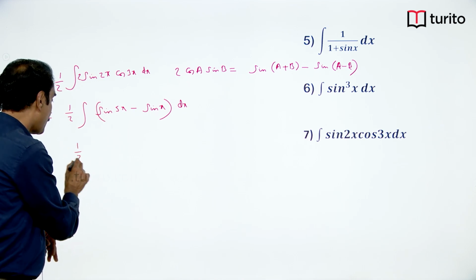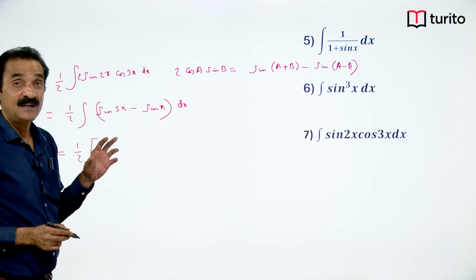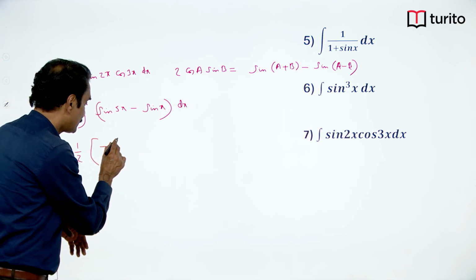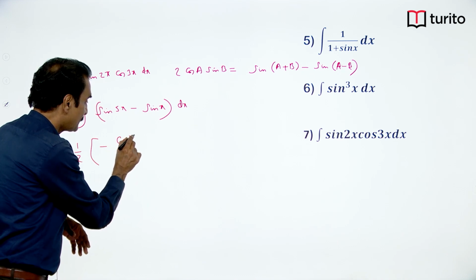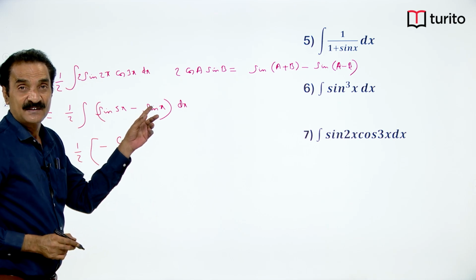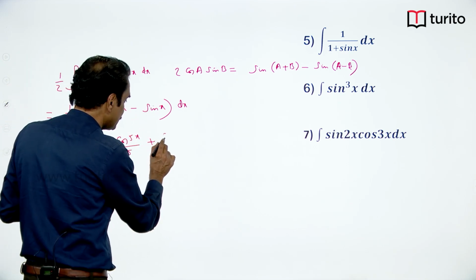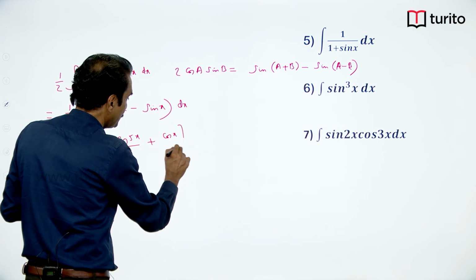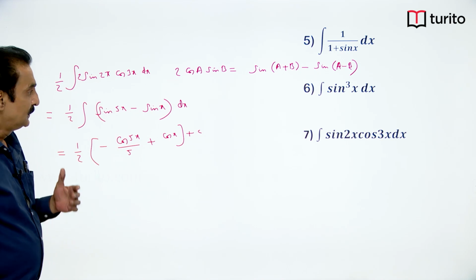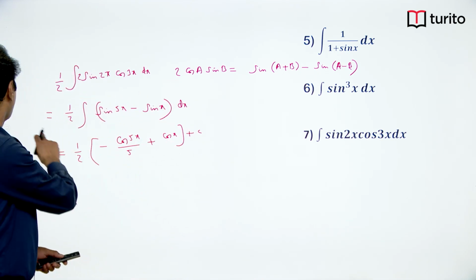Half into integral of sin 5x is minus cos 5x by 5. Integral of sin x is minus cos x. So, minus of minus is plus cos x plus c. Now, next question.